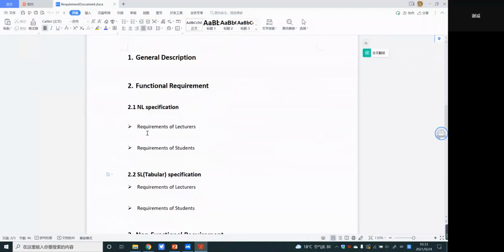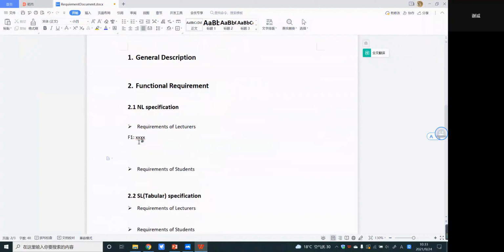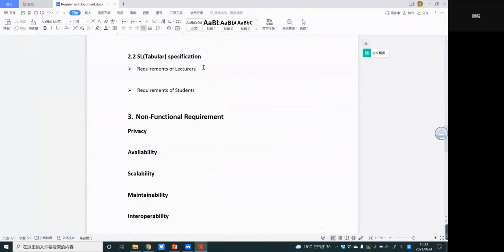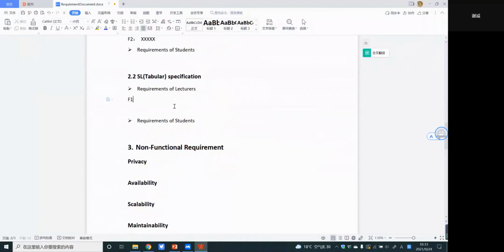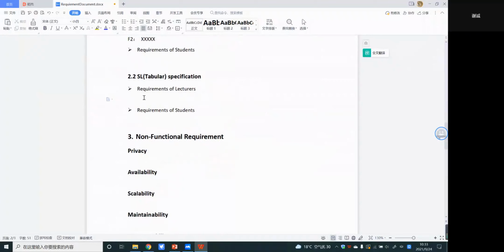So after the class, you will know how to write the NL specification like F1, some function, F2, some function, you will describe it, and you will also use the structured language like F1 structured language, or you even can use the tabular style to do the specification.